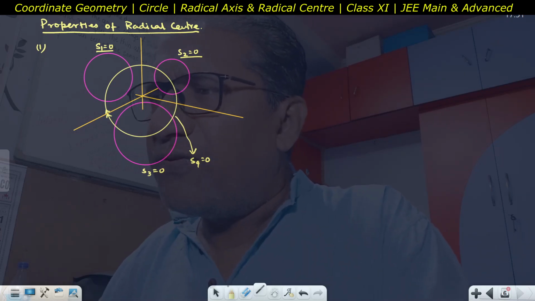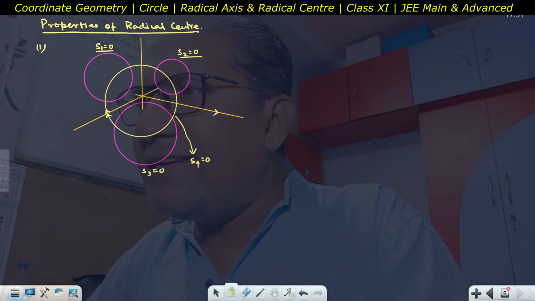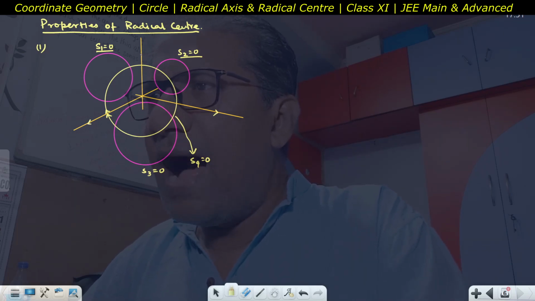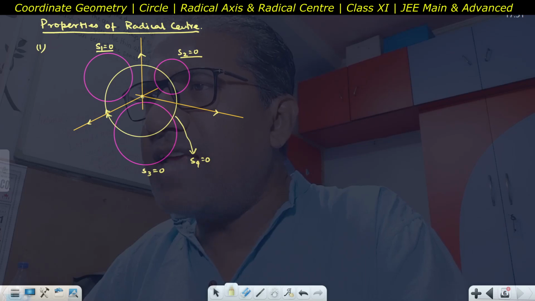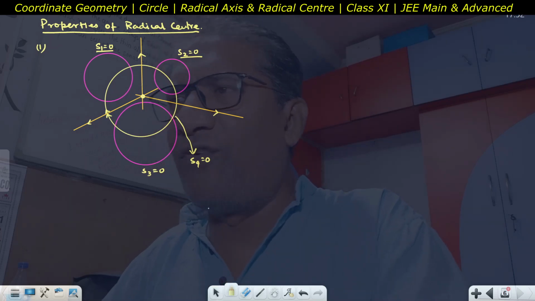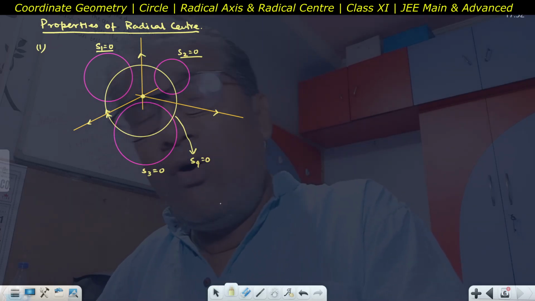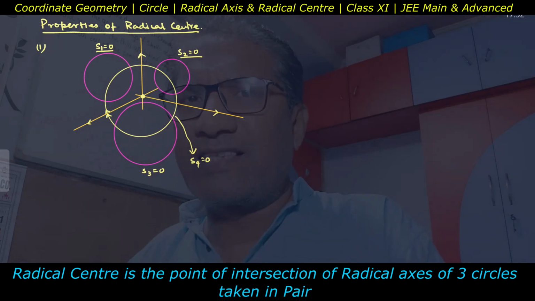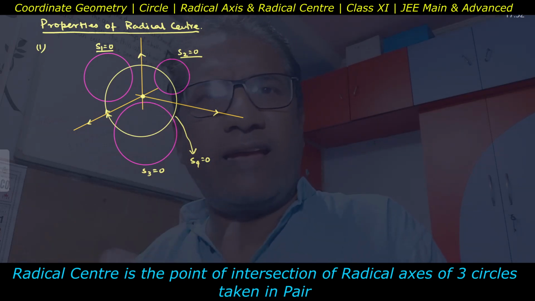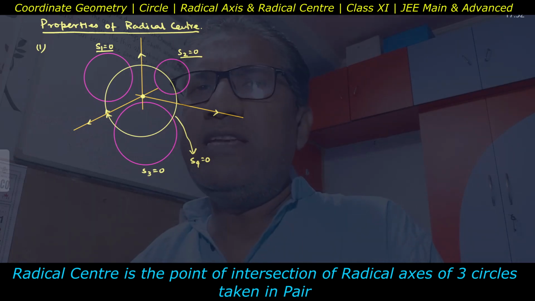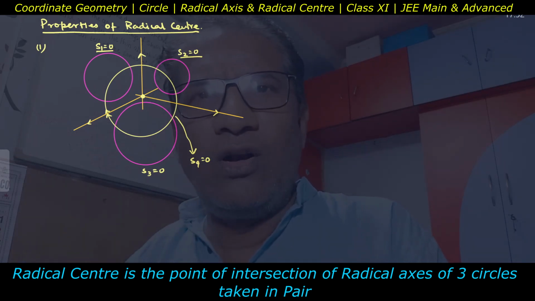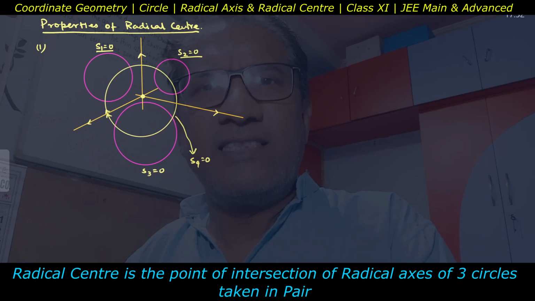Now, observe that these three radical axes are passing through the center of the circle S4. And we all know that the radical axes of three circles taken in pairs always meet at a point which is called the radical center.